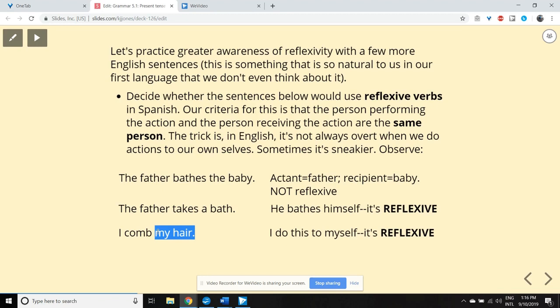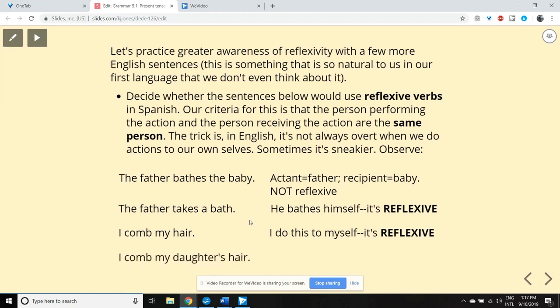There's just the possessive adjective my. So this is something to really be careful of. Don't always think that our reflexive sentences in English have a pronoun, myself, yourself, himself, herself, ourselves. It's not always going to have a pronoun that ends in self or selves in it, okay?